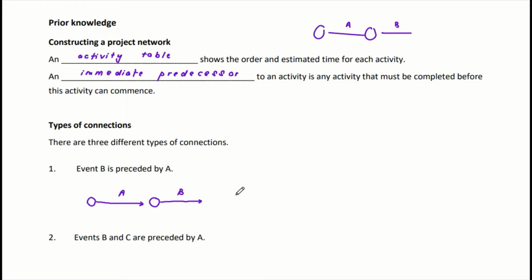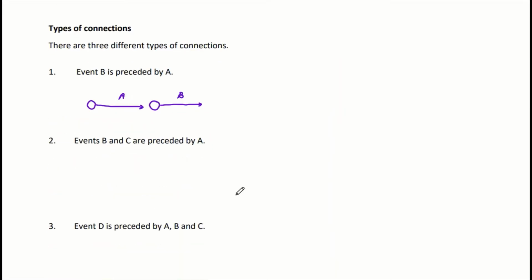Now we'll look at the situation where events B and C are preceded by A. In this case, A comes before B and C. Once A is completed, you can commence events B and C. Same thing, we have one node to indicate our starting, and from that we start our task A. When A finishes, at this checkpoint, B and C can start.